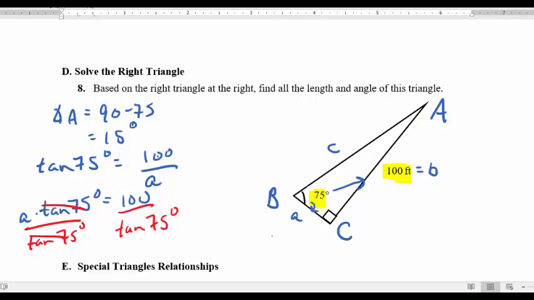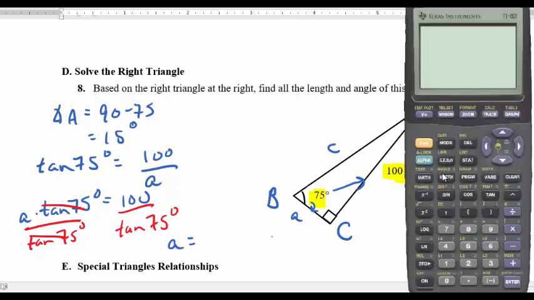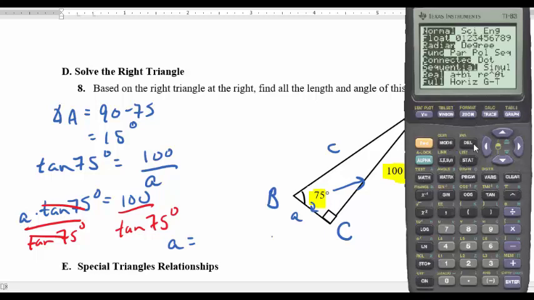Now we're probably going to want to round this to a tenth of a foot or something like that, or a hundredth, but we'll put this in the calculator now. And you just got to be careful when you're working with the calculator that you're in the correct mode. In this case, we're dealing with degrees, so I want to make sure when I go to mode, I'm in degree mode, which I'm not. So I'll change this to degree mode.